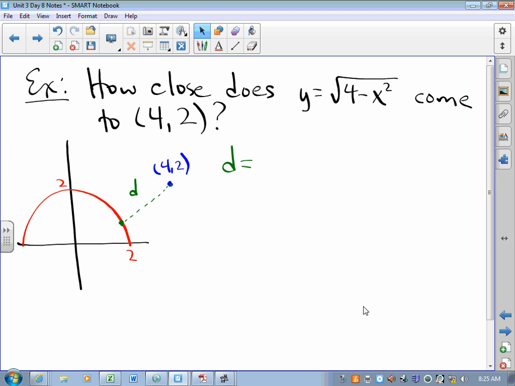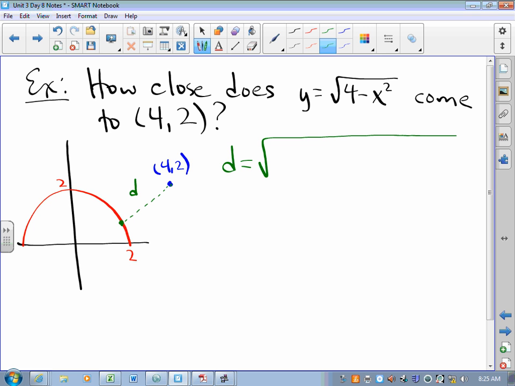So here's my thought. Distance is the square root of (x2 minus x1) squared plus (y2 minus y1) squared. This is a generic point (x, y), so (x minus 4) squared plus (y minus 2) squared. I don't want to use y. I want to have one variable.